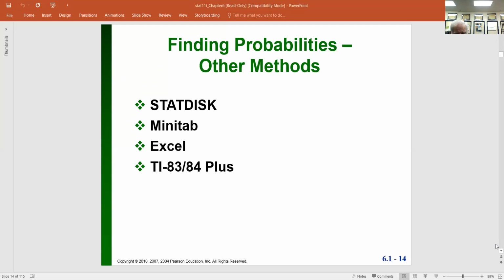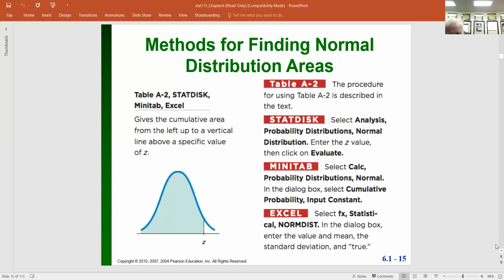And then you can always use the TI calculators. Okay. So I use table A2. That's what we will be using in this class, because we're not going to go into the use of those.